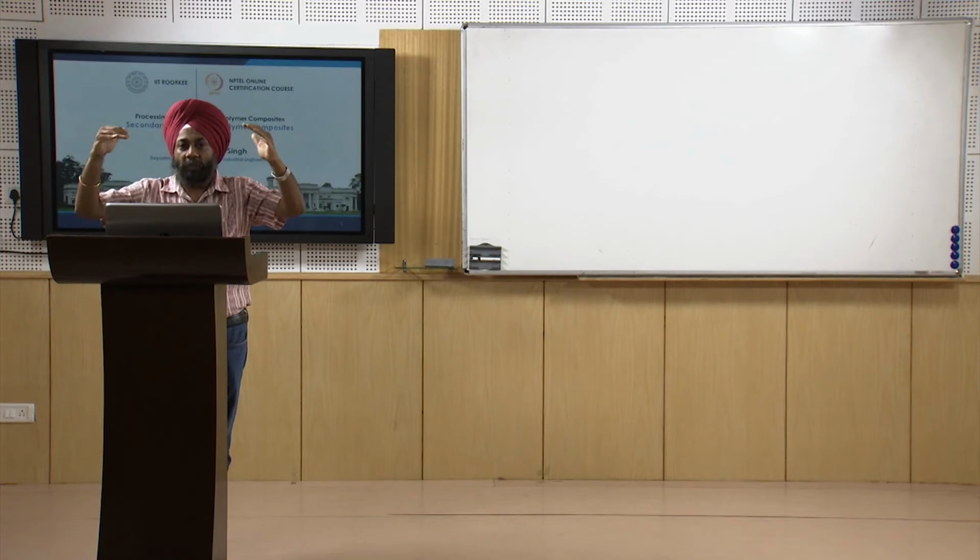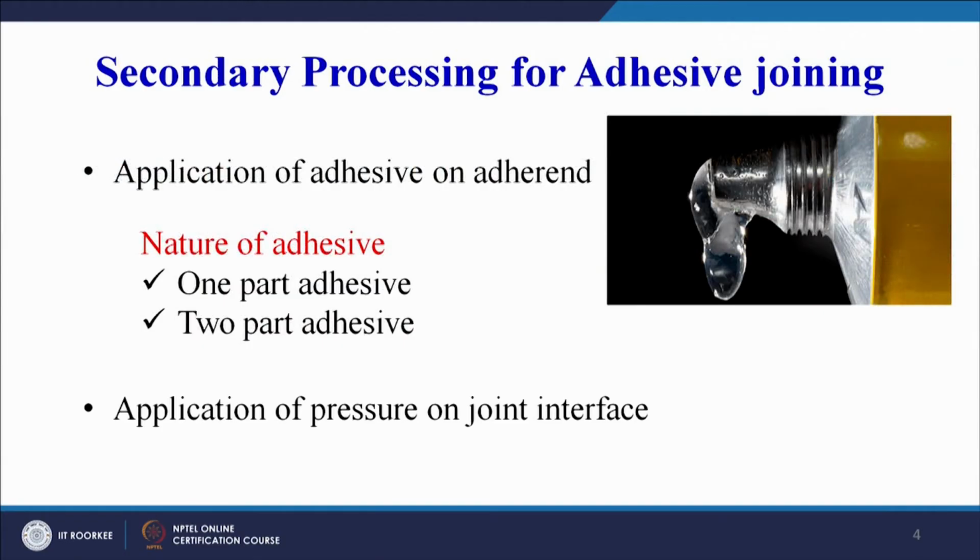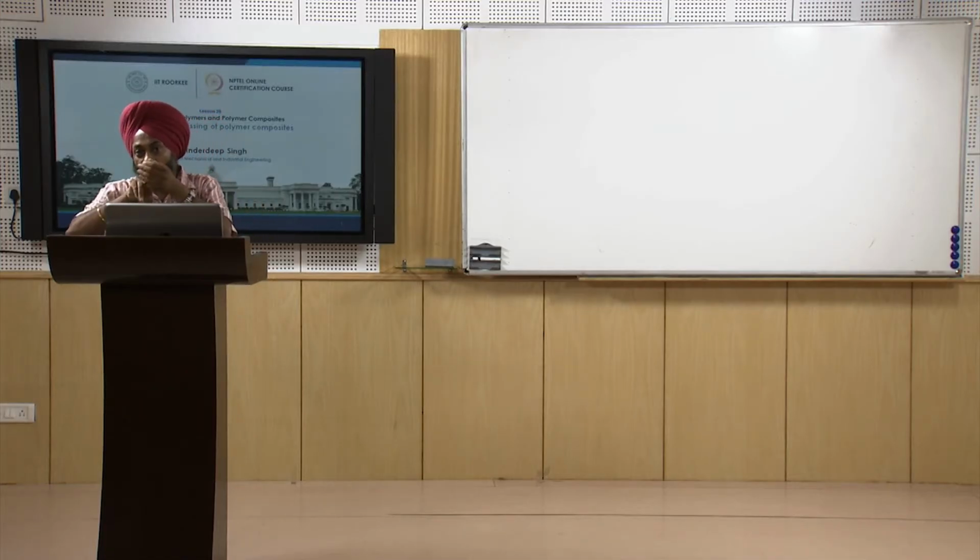Suppose these are the two parts that we want to join together. So this is adherent 1, this is adherent 2, and they form a lap joint like this. In between we will apply our adhesive. Now the adhesive can be one part adhesive or two part adhesive. Specifically you will see that when you buy a product of a specific company, there are two tubes containing different chemicals or different types of polymers.